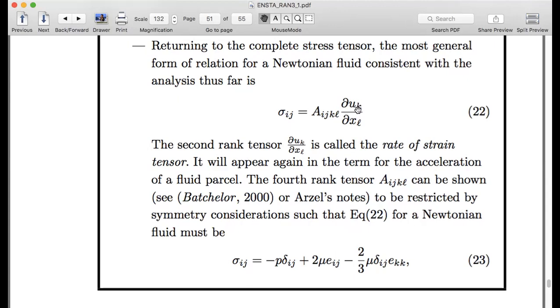So there's 1 index associated with the component of the velocity, and then we have the derivative of that velocity component, but there are 3 components of the derivative.